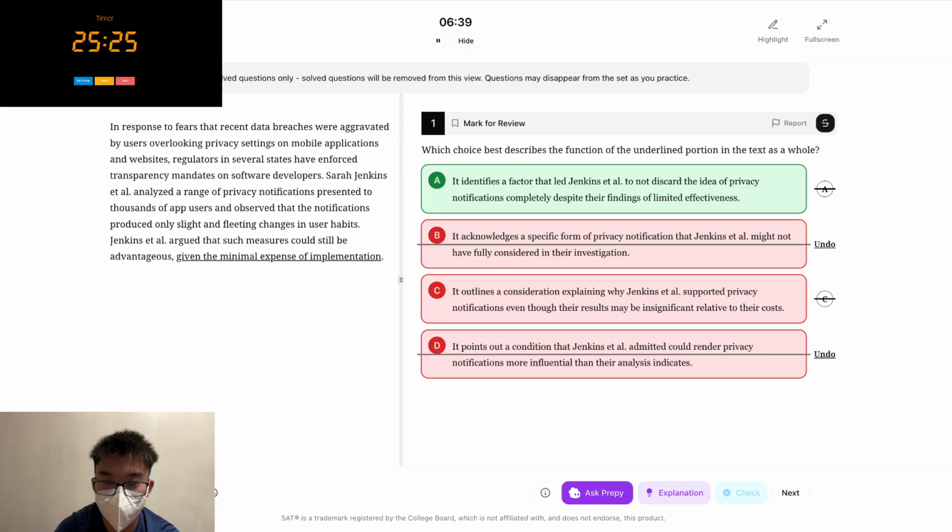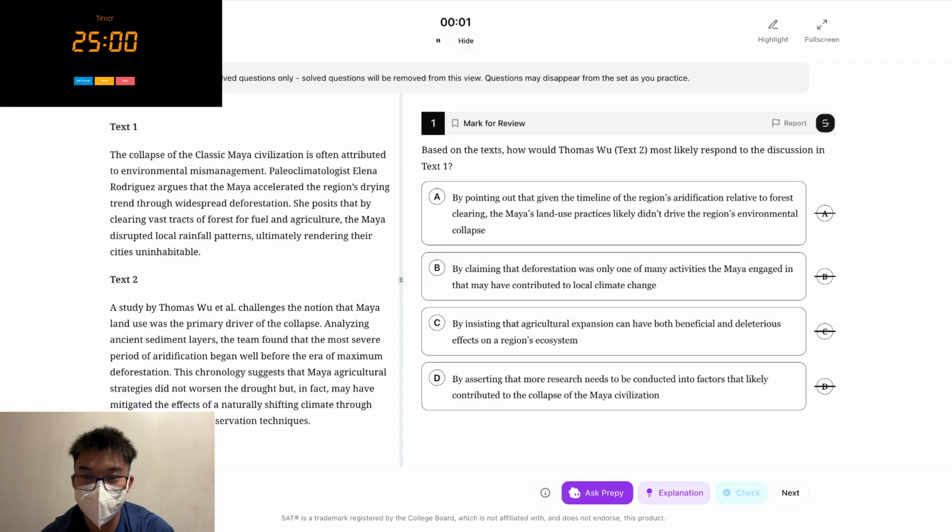I think for this one, explain why to supported privacy. Insignificant relative cost. Okay, insignificant relative cost. I think this one doesn't really cover the insignificant relative. I think it talked about the expensive, how to implement. I don't think it said. You know, I'll just go back to this one later. I shouldn't waste much time.